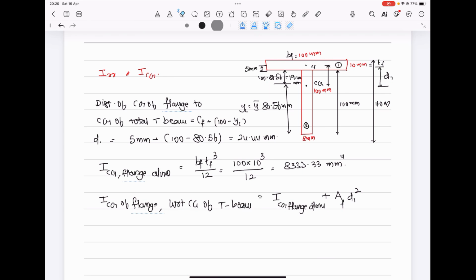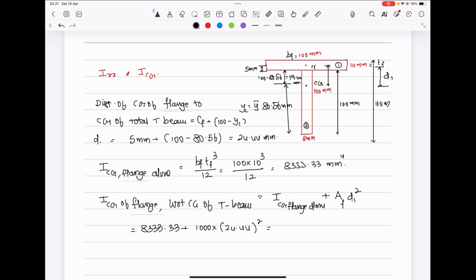This will be 8,333.33 plus what is the area of the flange? 100 into 10, that is 1000, into what is d1? 24.44 whole square.